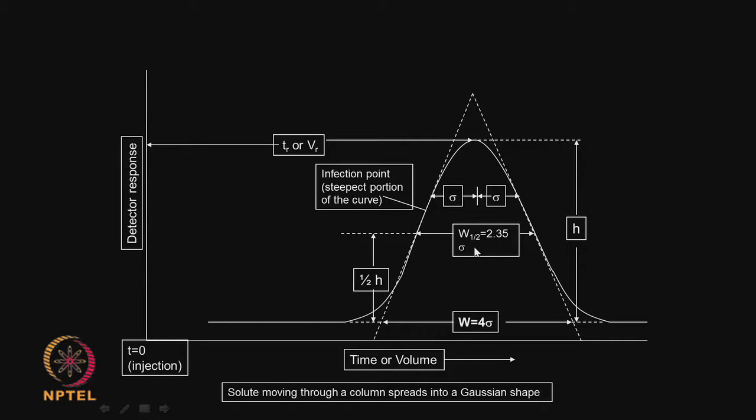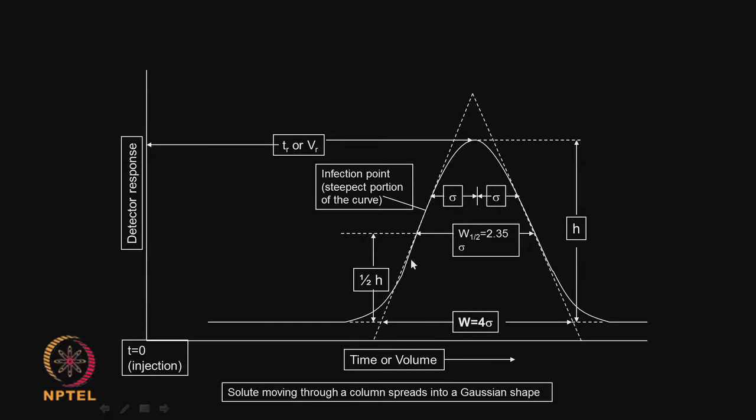Now, there are some correspondences at half width and base width. This is called base width and this is called half width. There are some relationships which connect these numbers with theoretical plates, efficiencies and so on. So, we will look at it. So, as the separation happens, when you inject at time equal to 0, at the retention time or retention volume, you get a peak of this form.